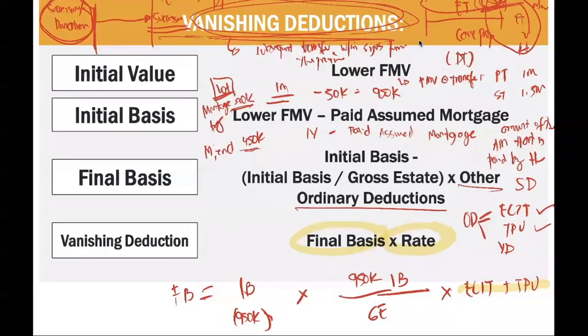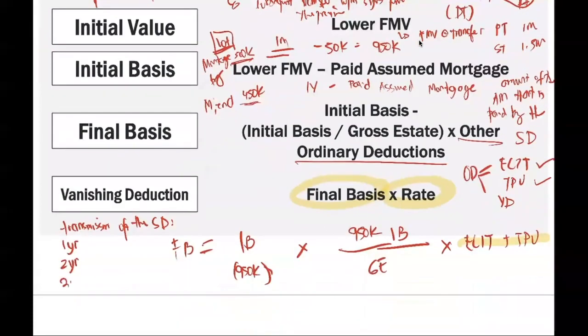The rate depends on the transmission of the subsequent decedent. If it's transmission within 1 year, 2 years, 3 years, 4 years, 5 years. Okay. So, namatay siya within 1 year, or namatay siya within 2 years, namatay siya within 3 years, within 4 years, within 5 years.